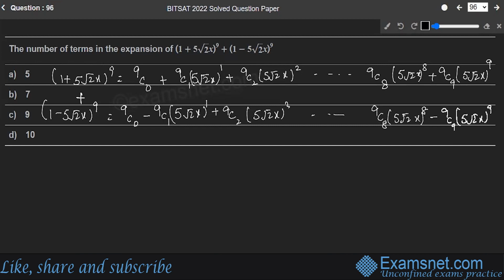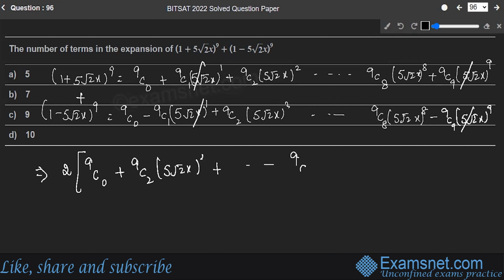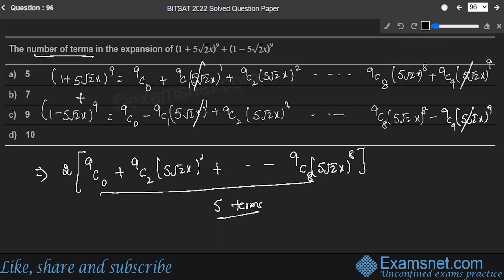So when I add both of them, these terms will cancel, and the sum of both of these will be equal to 2 outside, 9c0, 9c2, 5 root 2 x power 2, so on till 9c8, 5 root 2 x power 8. It is asked the number of terms in the expansion. How many terms are there? This has 5 terms. So that makes option A the right answer.